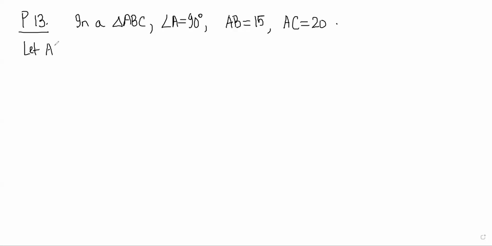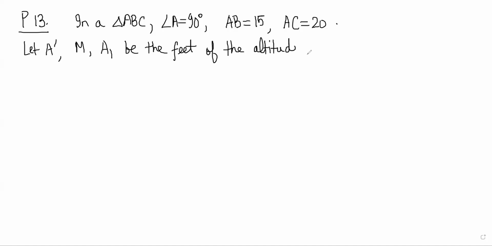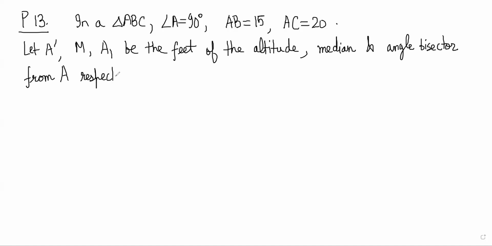Let A dash, M, A1 be the feet of the altitude, median, and angle bisector from A respectively.